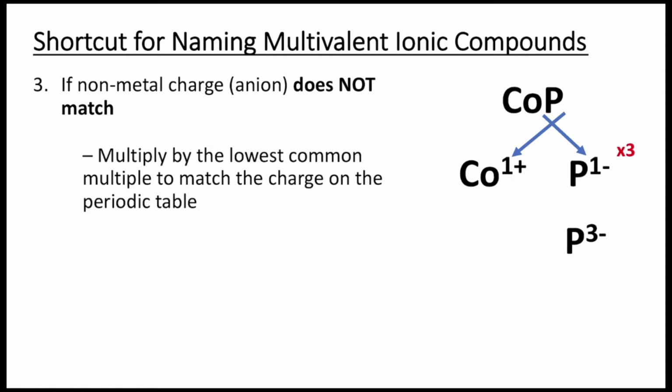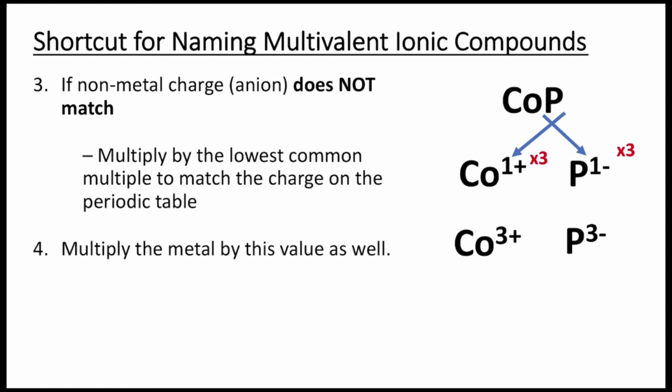Because phosphorus must have a 3 minus charge, we multiply it by 3, and whatever you do to 1 in order to balance it means that we also must multiply the metal by this value as well, making it cobalt 3 plus and phosphorus 3 minus.